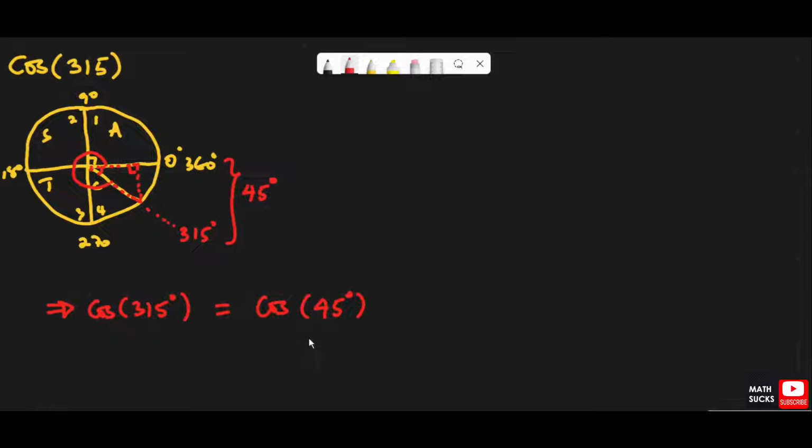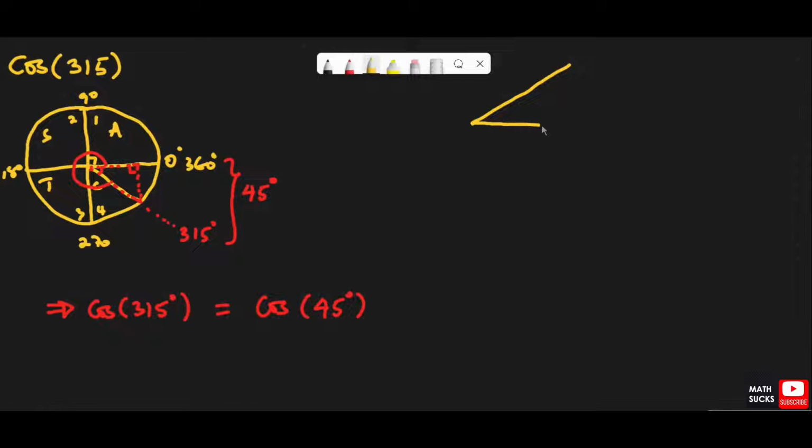Remember, we are not interested in using tables or calculators, so we need to ask ourselves what is cos of 45. People who are familiar with trigonometry already know the answer, but we need to show everyone where we get it from. So we can revisit our right angled triangle techniques.